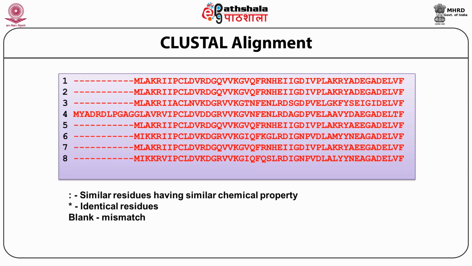So colons are nothing but similar amino acids being aligned. If there is a star, it means they are identical amino acids. If there is a blank, it means a mismatch of amino acids. So in this example you don't see any gaps, but most of the time when you do alignments, you will always find some gaps. So gaps will also be taken into account in the ClustalW alignment.